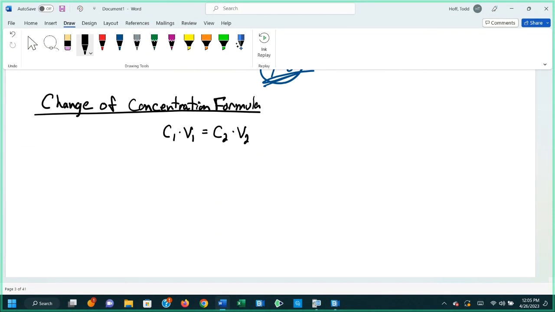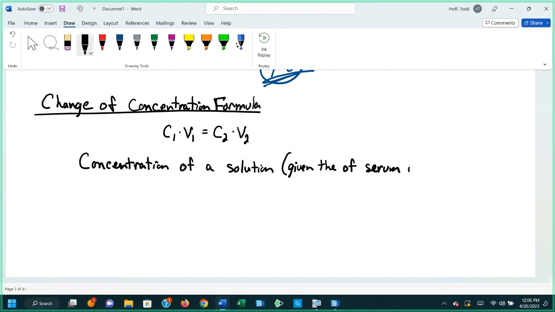So we know that the concentration of a solution, and again, this is given that the amount of serum is not changed, is inversely related to the volume.